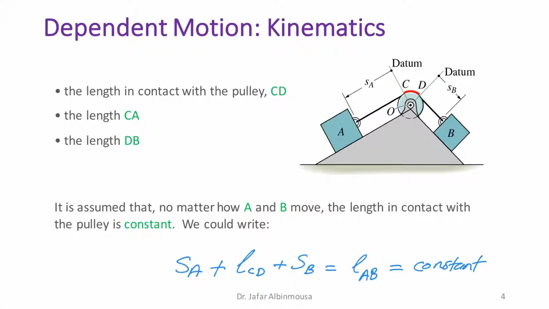Now, if you look over here, this is the red segment. So what we are saying basically is that this length plus this one is always constant. This means that this cable doesn't stretch. It's always the same.